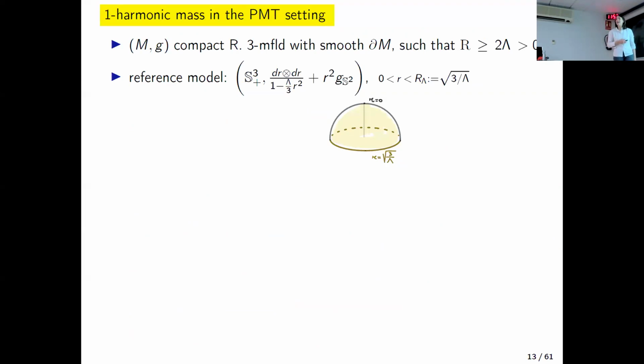It's half of S3 with the de Sitter or round hemisphere metric, and the radius goes in between 0 and R lambda. As you know, at R lambda there is not a real singularity, because the metric is perfectly smooth up to the equator. R equal to capital R lambda corresponds exactly to the equator.